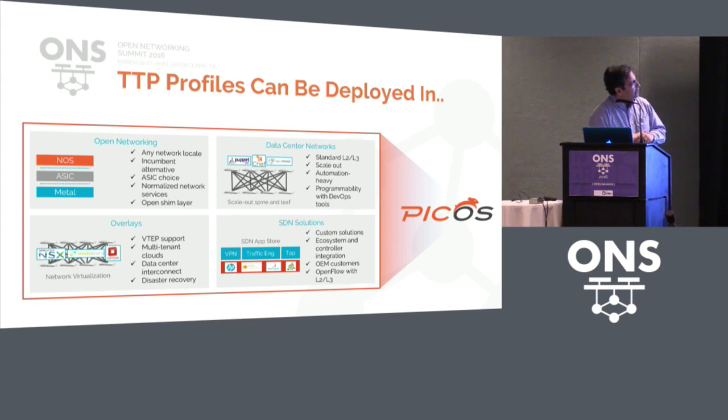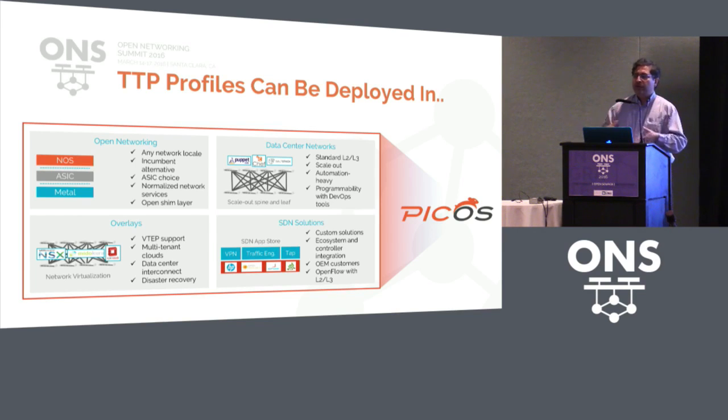So whether it is a data center network, overlays, or just a form of open networking, which allows you to bring in multiple players, multiple vendors within your network, your application doesn't change. Your application stays the same. And then a multitude of SDN solutions where you have the ability to interface with multiple controllers, for example.